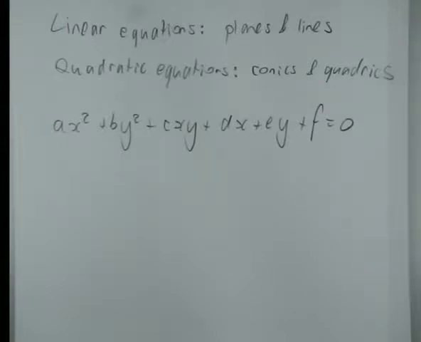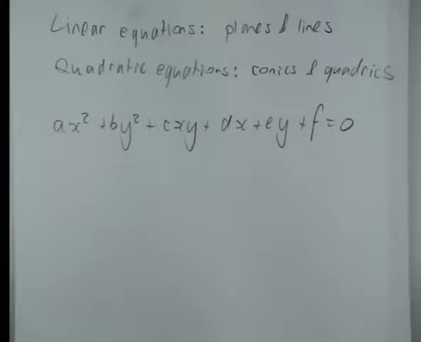And the idea is that any equation of any kind, quadratic or linear or otherwise, defines an object, and that object, you find it by figuring out the points that satisfy the equation. So fundamentally, for all objects with equations, the purpose of the equation is to tell you whether a point is on the object or not. Okay?